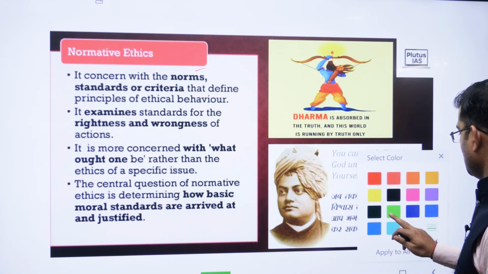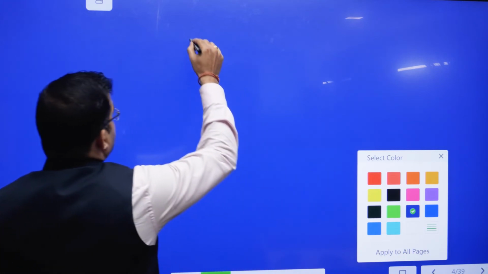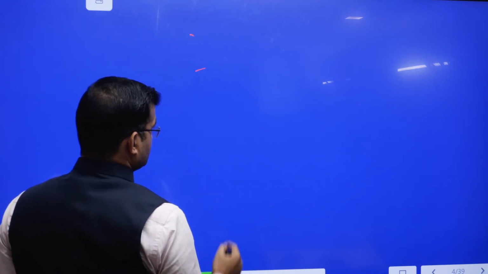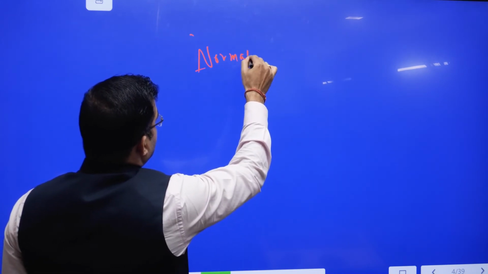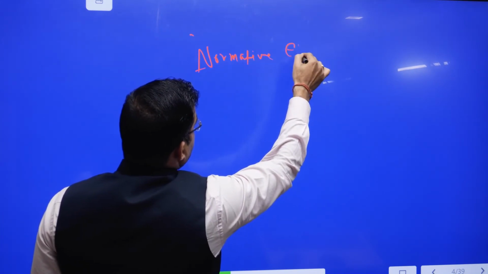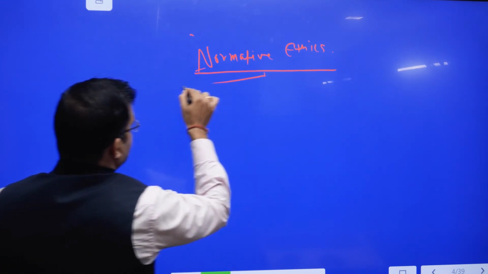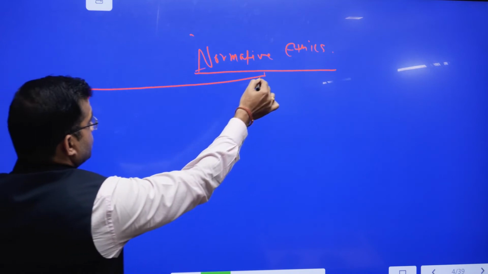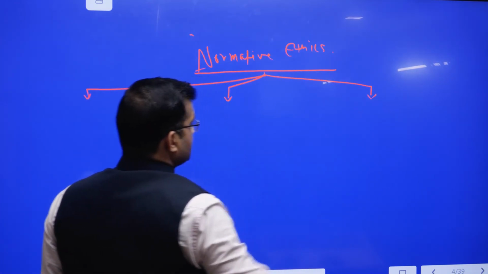So we just make a flow chart with the heading normative ethics. Normative ethics can be divided into three different branches broadly.